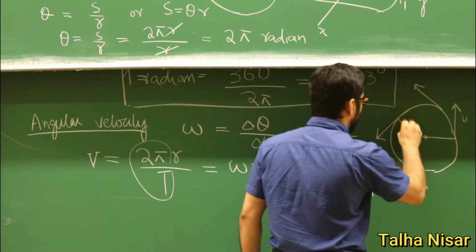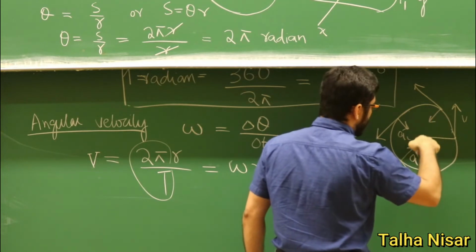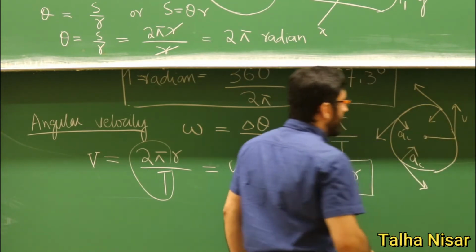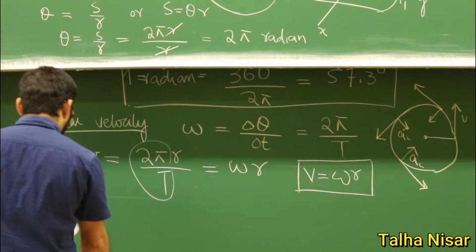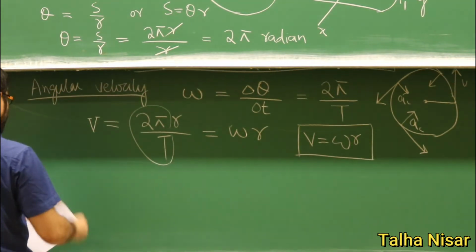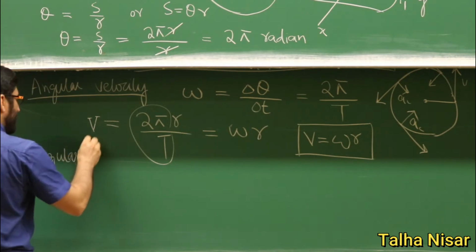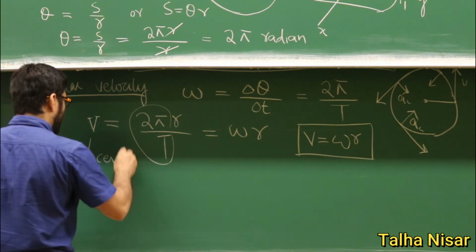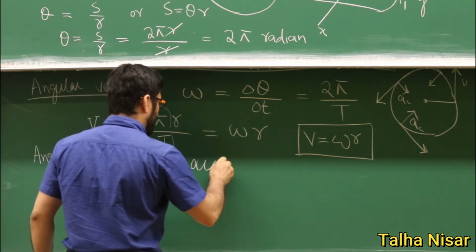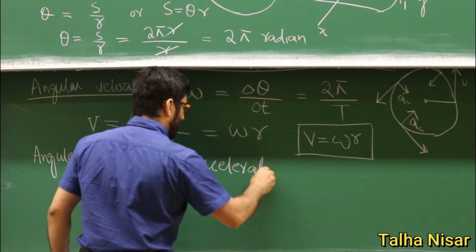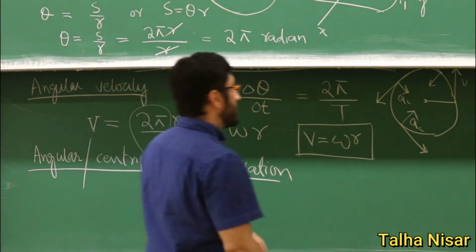There is a constant acceleration towards the center of the circle that is causing this change in the velocity, and it is also known as the centripetal acceleration.